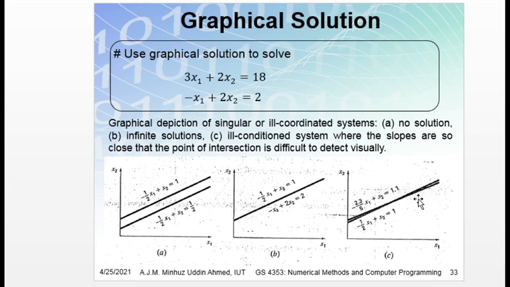So we'll be getting only one solution, that is true. But the problem is, as the slopes are very close, the intersecting point will be very hard to understand. So it is a very tough task to identify the intersecting point.